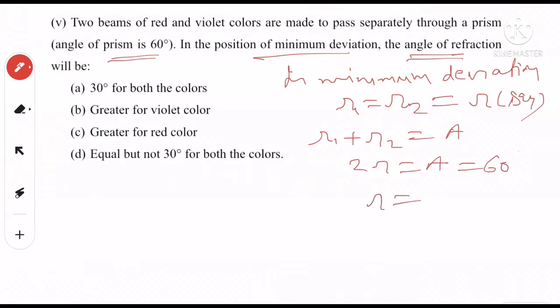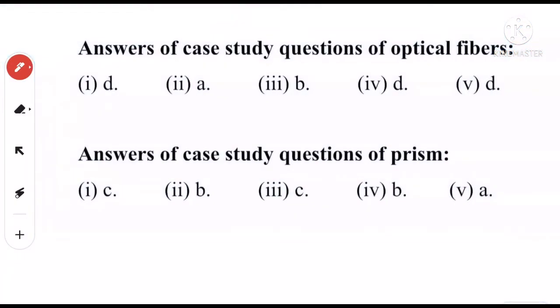So R will be equal to 30 degrees. This will be the answer, 30 degrees for both the colors, because delta minimum is the same for all colors. So for both the colors, the answer is A.